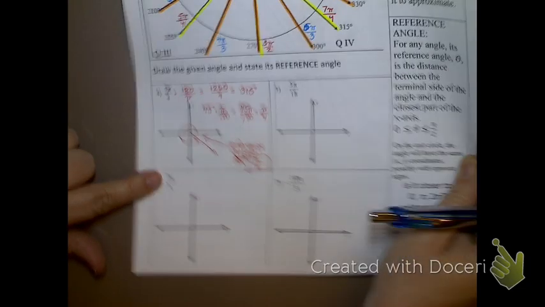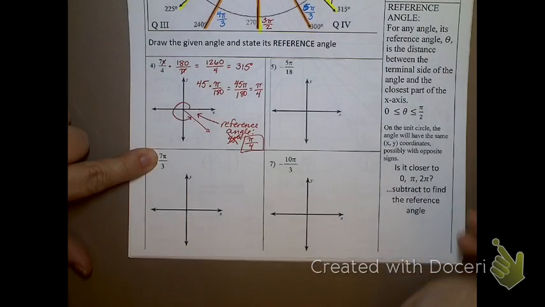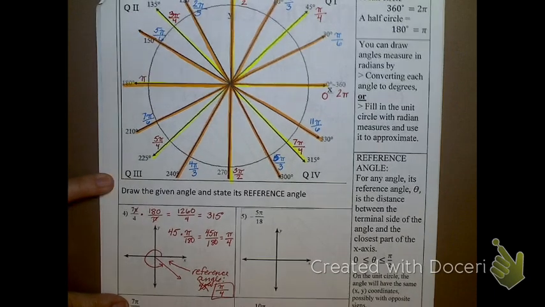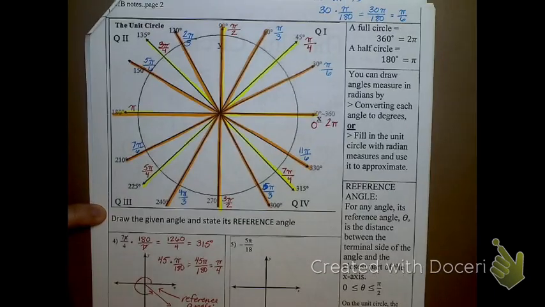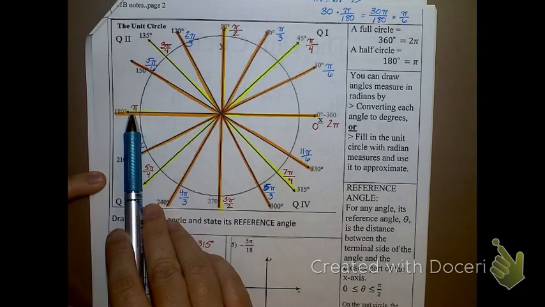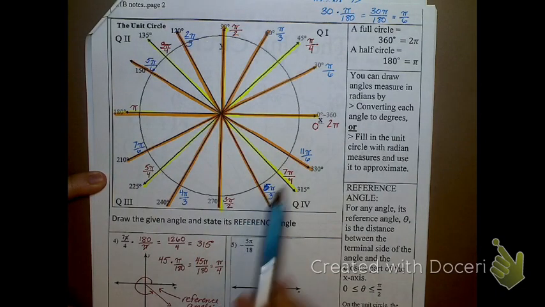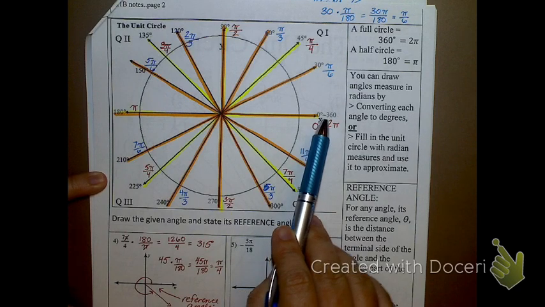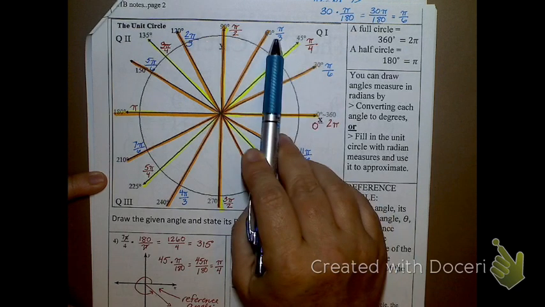When I come down here and I see 7 pi over 3, do I see a 7 pi over 3 on my circle? I'm looking for the thirds. So 1, 2, 3, 4, 5, 6 pi over 3. Where would 7 pi over 3 be? 1 more pi over 3 up here, right?